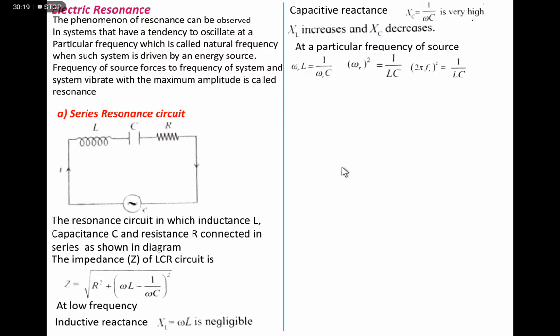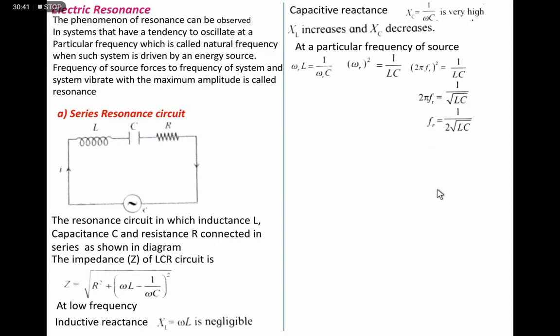Fr is the resonating frequency, meaning at this frequency inductive reactance and capacitive reactance become equal. So our equation becomes 2 pi fr is equal to 1 by square root LC.